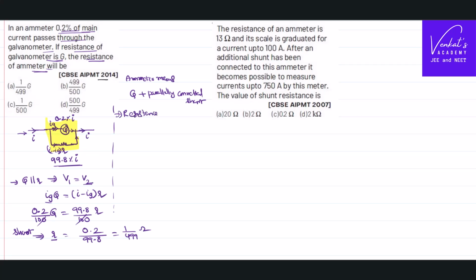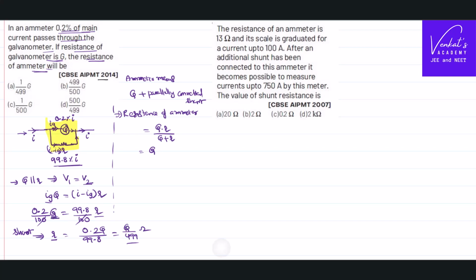That is the resistance of galvanometer and shunt together in parallel, that is G into R by G plus R, because both of them are in parallel. The resistance of the galvanometer is G. The resistance R we have already calculated as G by 499. I had forgotten that G; G is not cancelled.